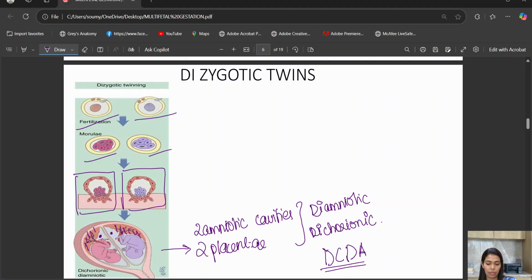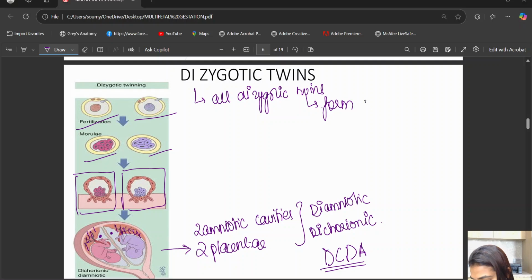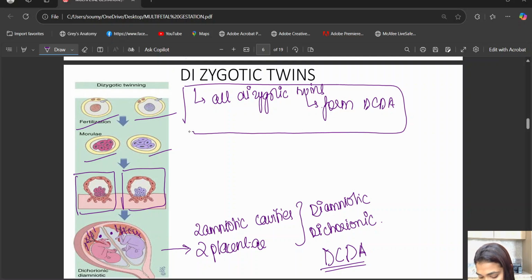So this is a DCDA pregnancy. So can we say that all dizygotic twins form DCDA pregnancies? Can we make this a dictum? Yes, all dizygotic pregnancies are going to form dichorionic, diamniotic twins because they are splitting in the very beginning.